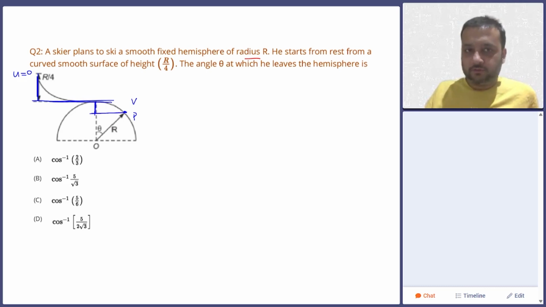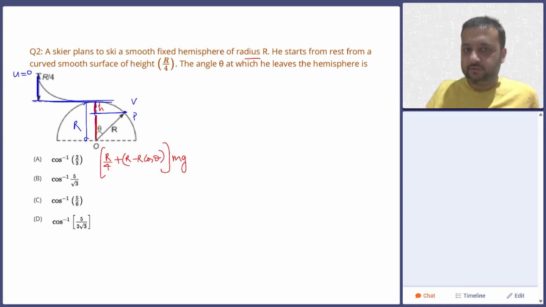The total value is r, and this red length is r cos theta, so this height h is r minus r cos theta. So the total height he has descended is r by 4 plus r minus r cos theta.